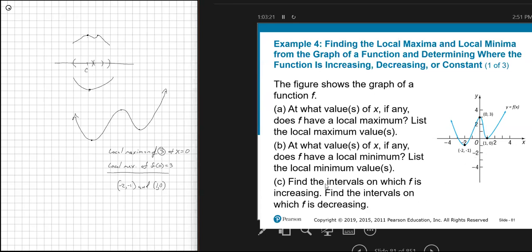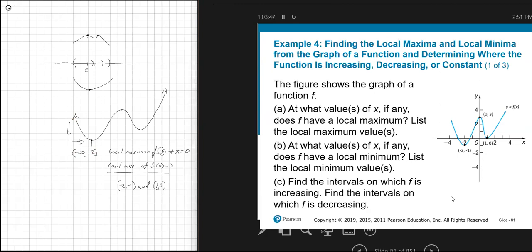Now to find the intervals for where f is increasing and where it's decreasing. As x goes this way, the y values are decreasing up to here, and that x value is -2. So from -infinity to -2, it's decreasing.